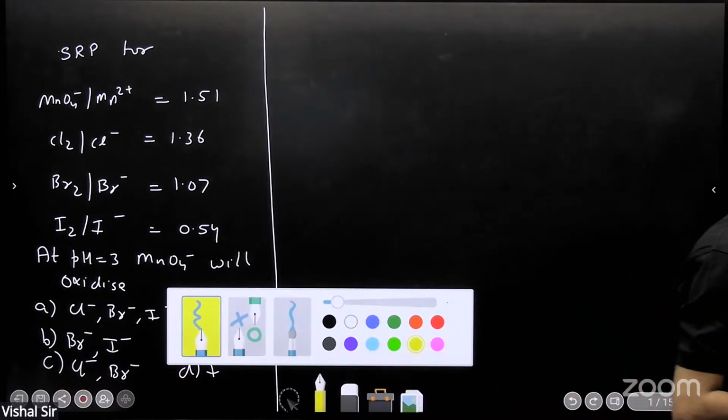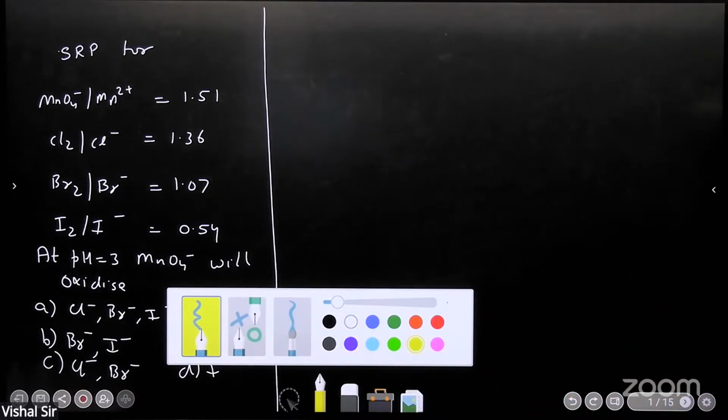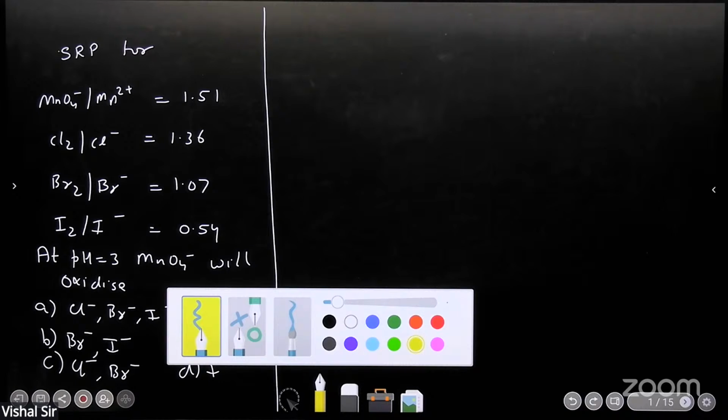Again, we were first given E naught values, standard values. Standard values, so you know, are applicable only when all active masses are 1. But here, the problem is asking at pH 3.